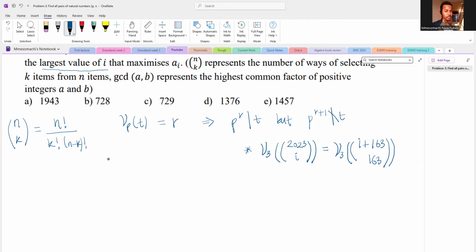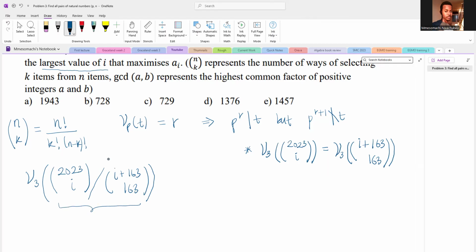So first of all, let's look at the 3-adic valuation of 2023 choose i divided by i plus 163 choose 163. Let's simplify what we have in this bracket first.